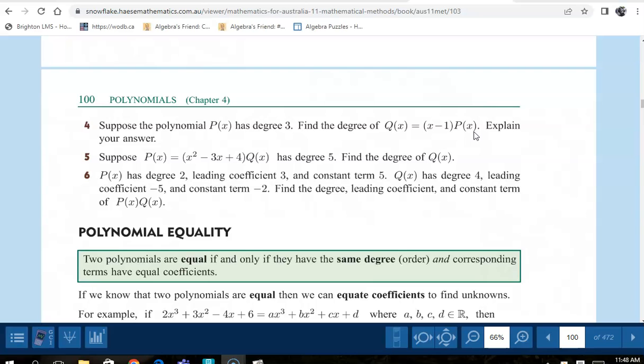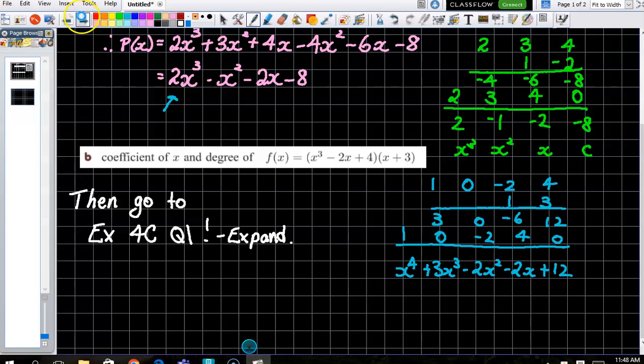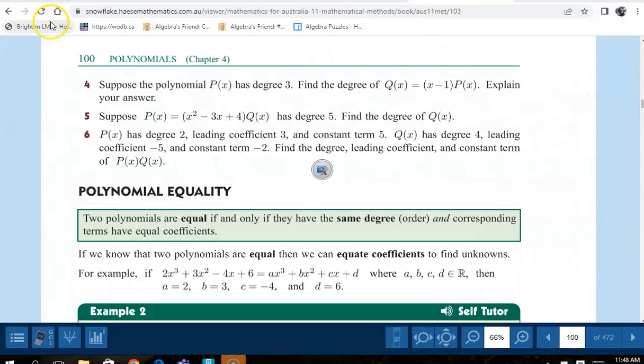Are we okay with that? Can you tell me what degree q of x would be? It's all right. I just assume that everyone's happy, but if you're not, then you have to talk to me.